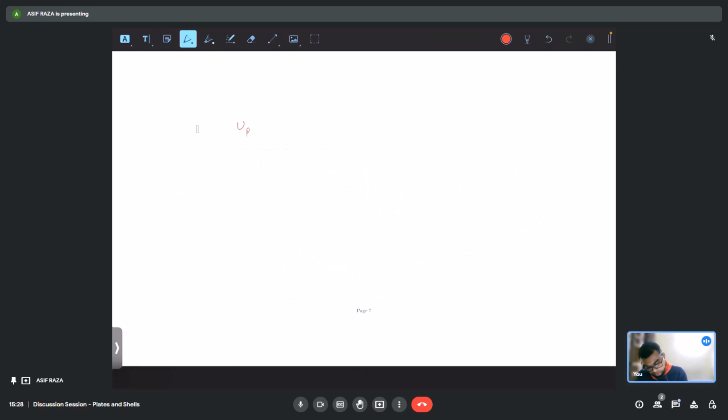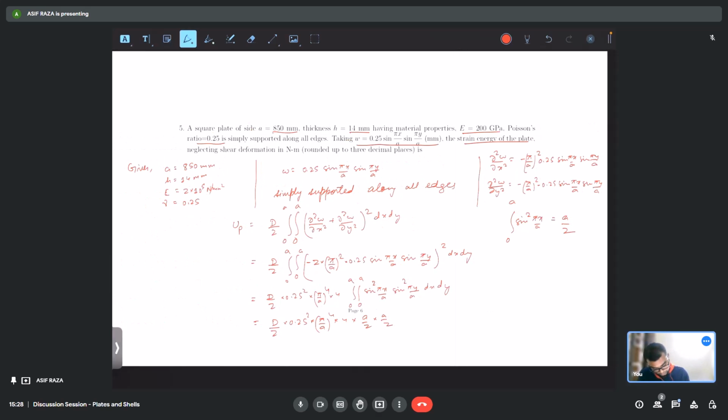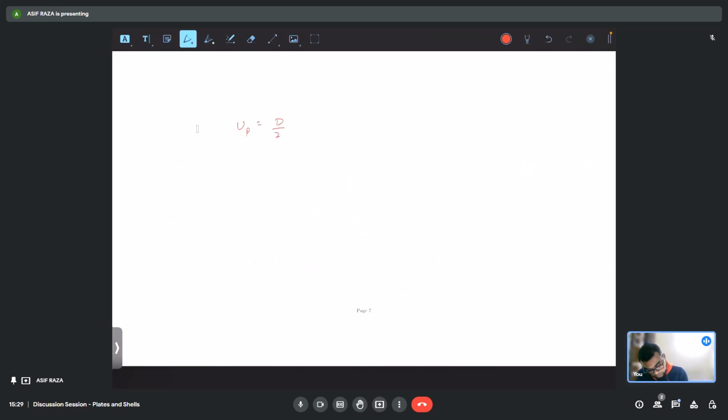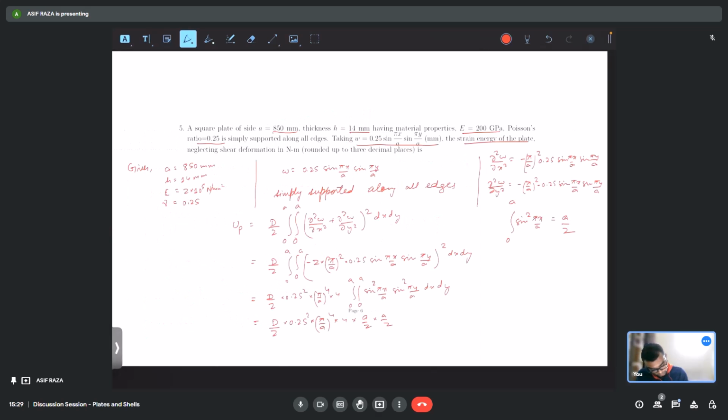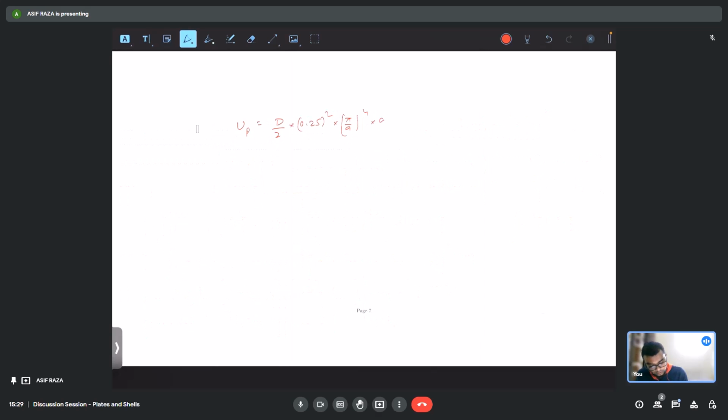So my strain energy of the plate is negative 4 D by 2 times 0.25 square into pi by A to the 4, if I cancel out A square. D is Eh cube upon 12 times 1 minus mu square.